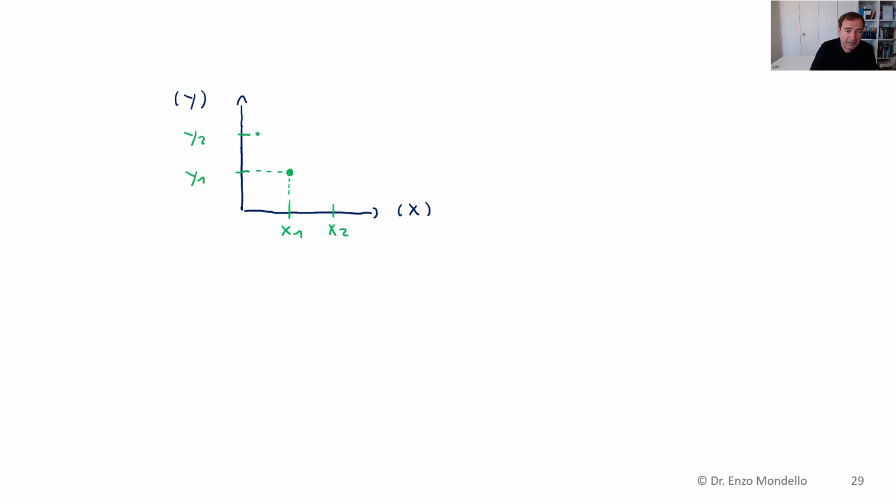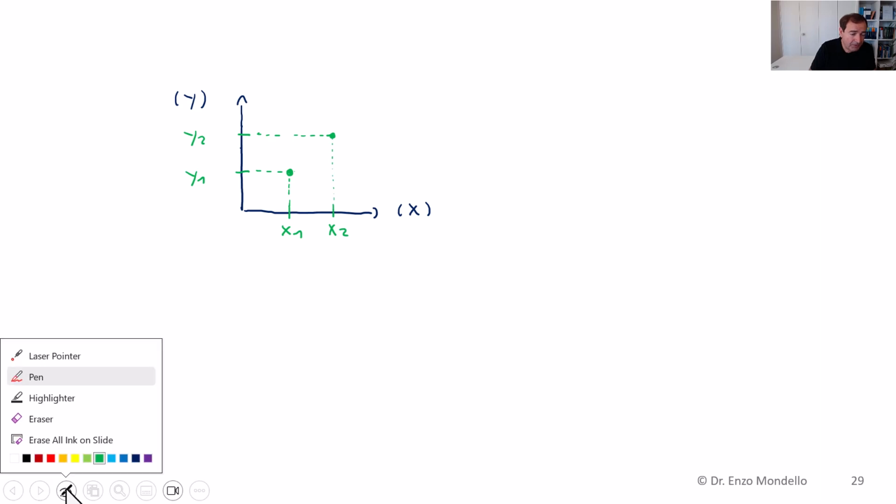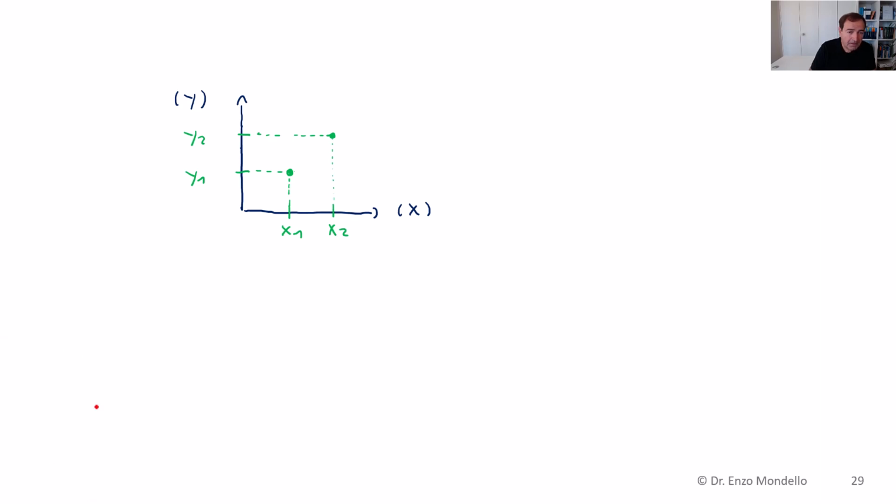Again, we can combine these two points to get the point x2, y2 in the diagram. Next we can combine these two points with a straight line. In doing so, we get a straight line that goes through these two xy points.